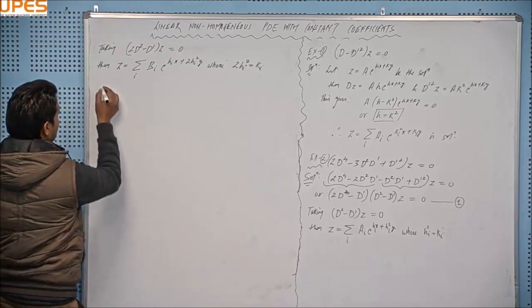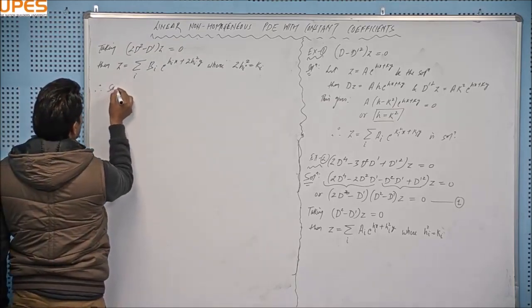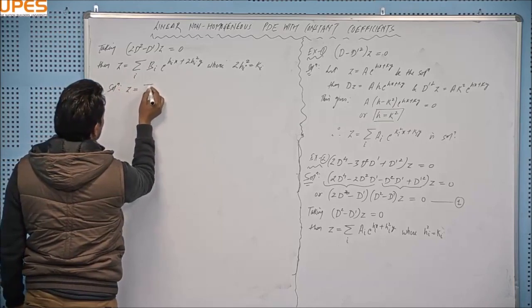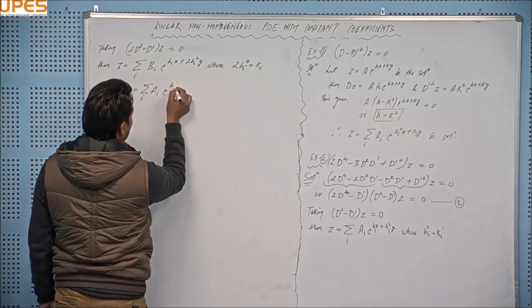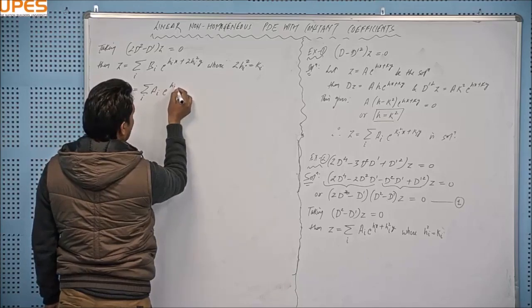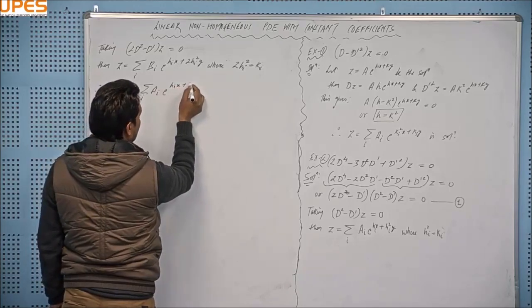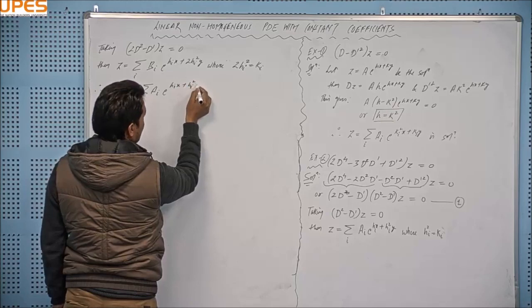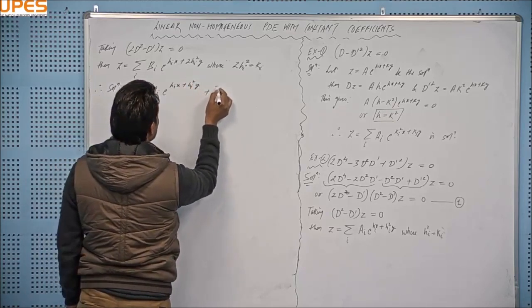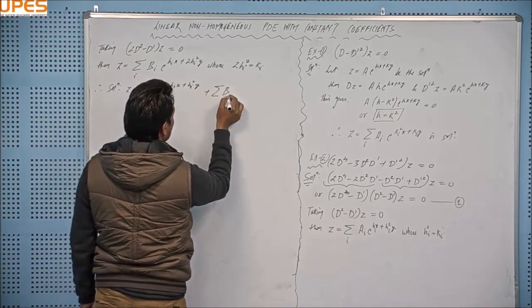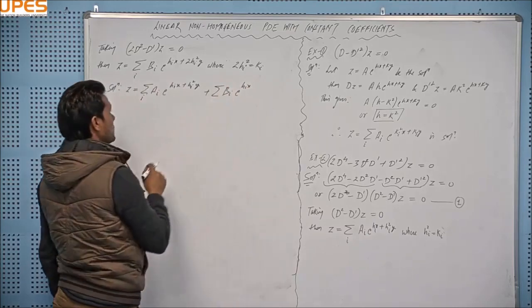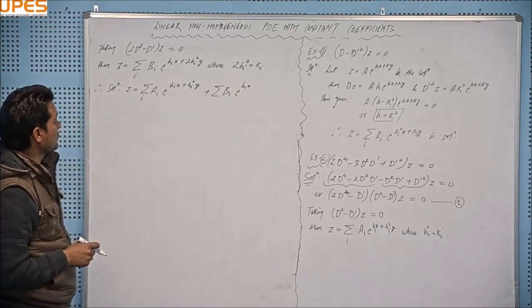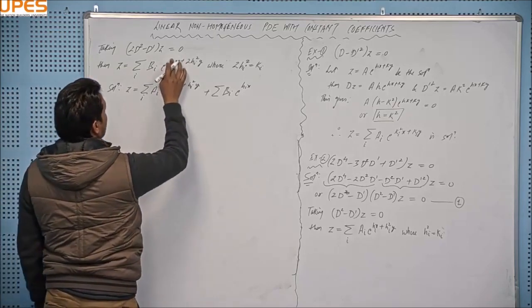Therefore the solution is z is equal to summation a_i e to the power h_i x plus h_i square y plus summation b_i e to the power h_i x. Should I change the constant? Yes, I have to.